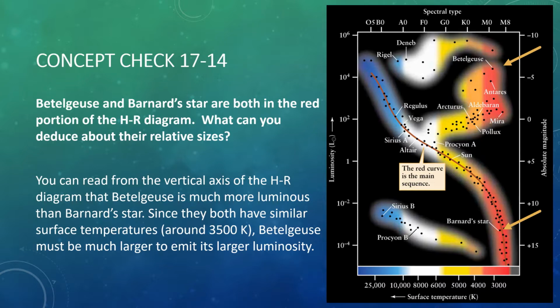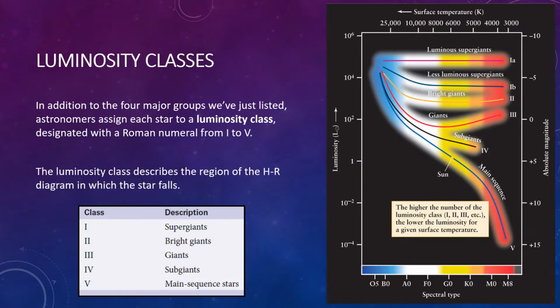Speaking of luminosities, there is something in addition to spectral types that is important in classifying stars, and that is a luminosity class. In addition to the four major groups that we've just listed, that is the main sequence stars, giants, supergiants, and white dwarfs, some stars fall into in-between categories.